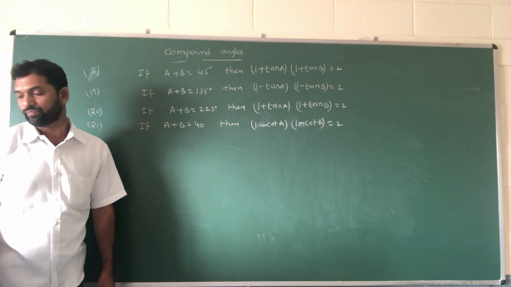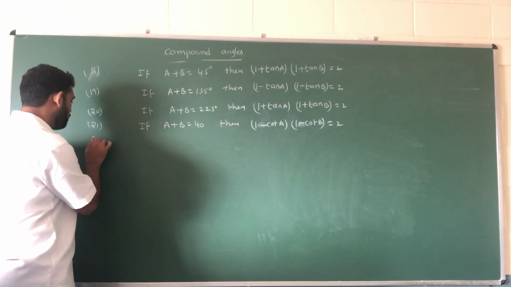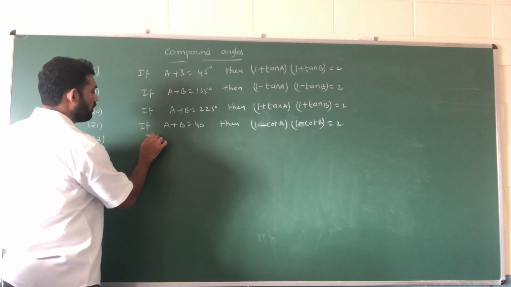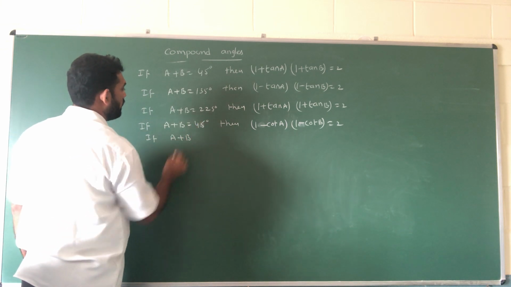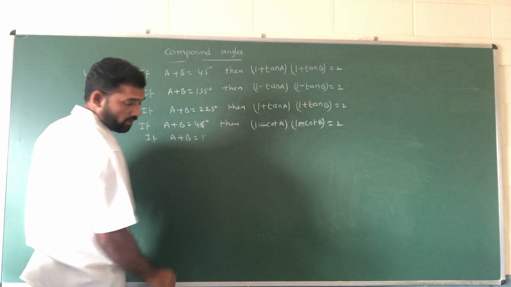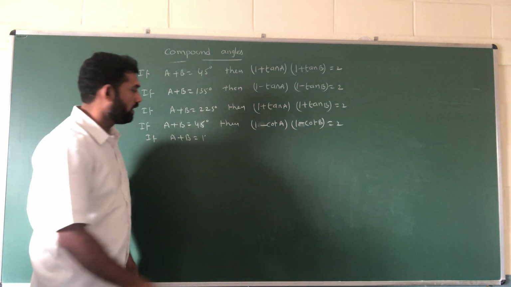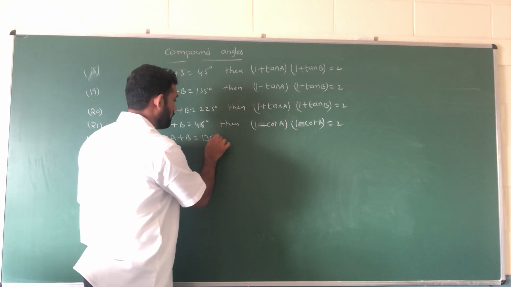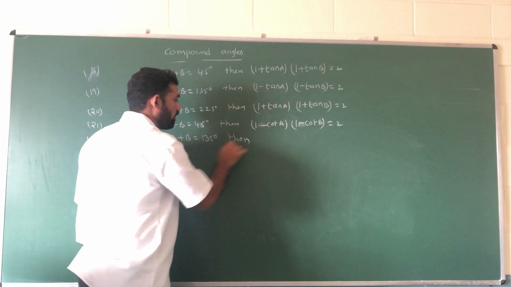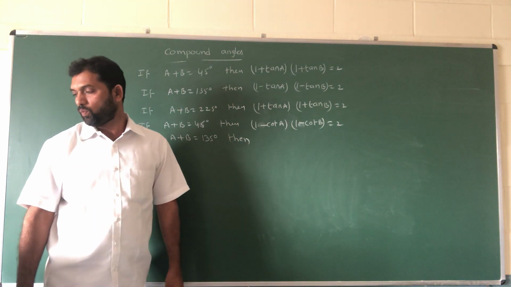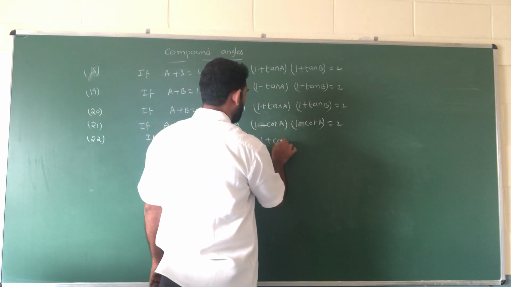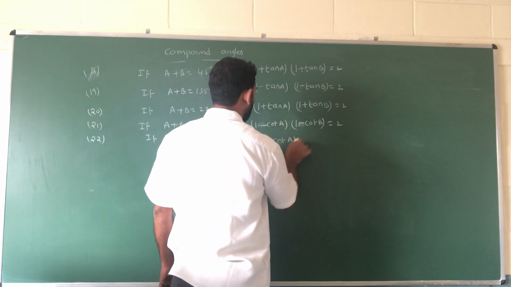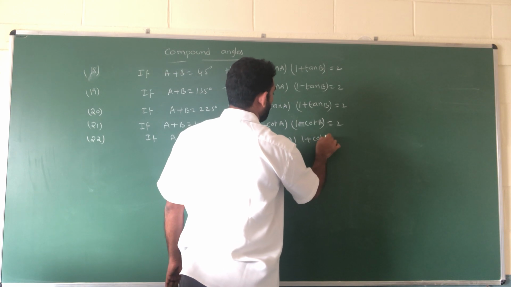Next one, 22: if A plus B is equal to 135 degrees, then 1 minus cot A into 1 minus cot B, that product should be 2.